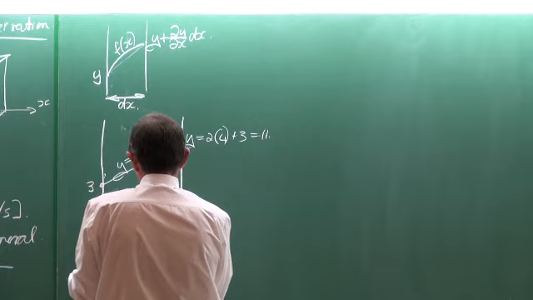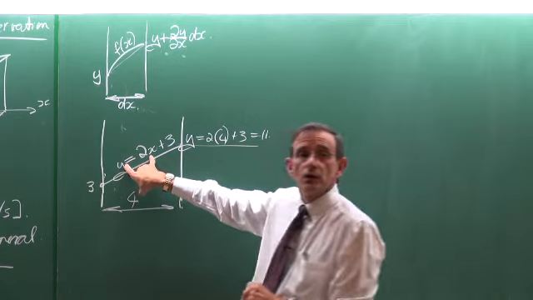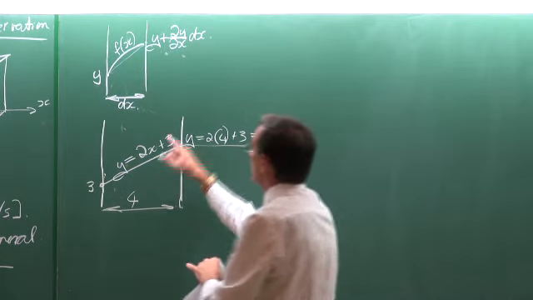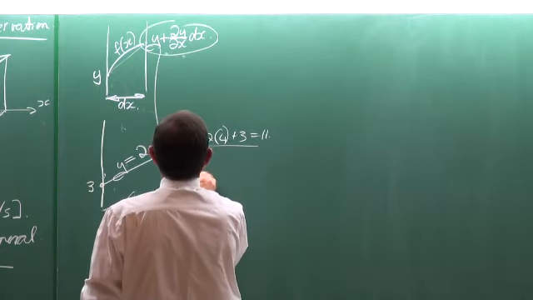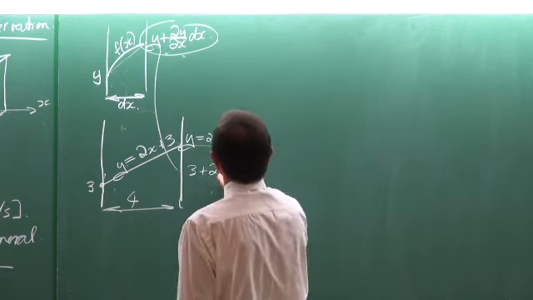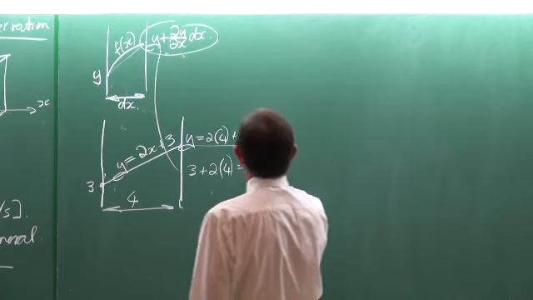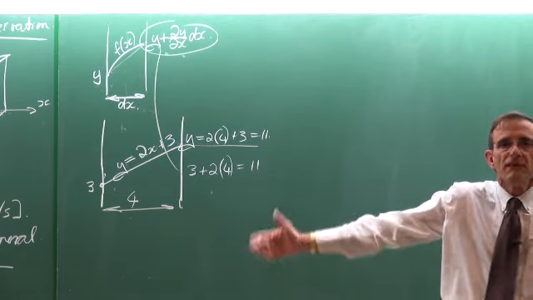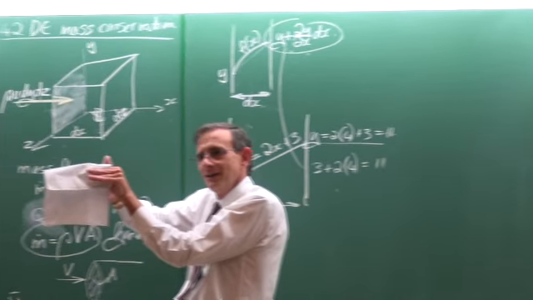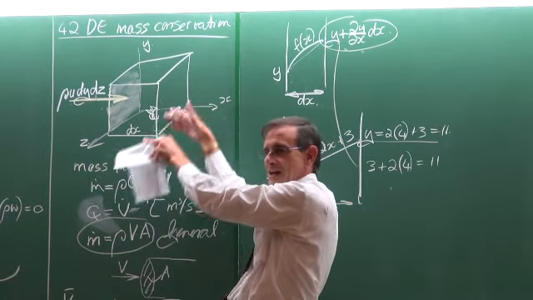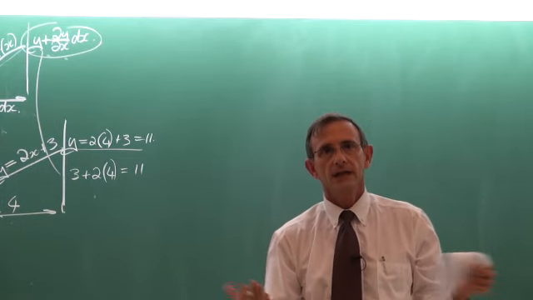If we use that approach on the equation, the answer would be 3 plus the gradient, which would be 2, multiplied by dx, which is 4, and that is also equal to 11. So that is the foundation for what we are doing here. Any change would be this value plus the gradient multiplied by the distance. The principle of it. You understand?